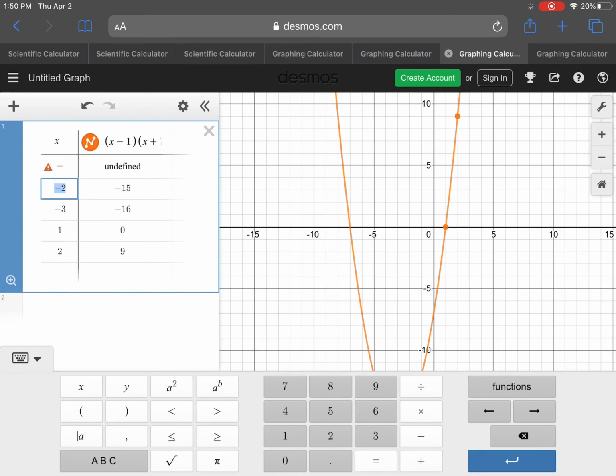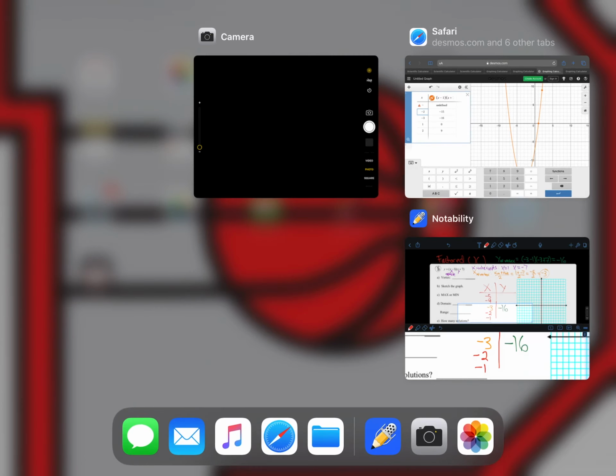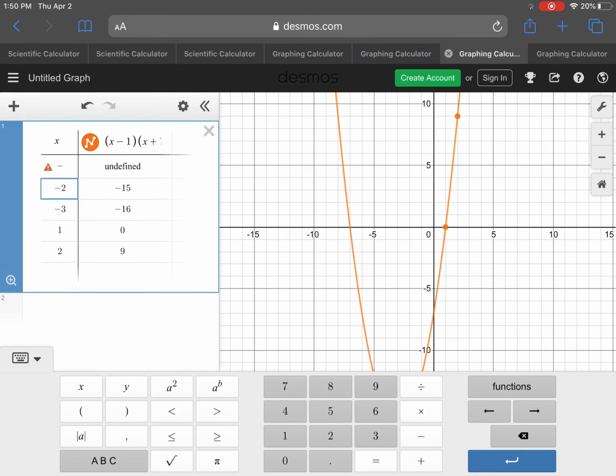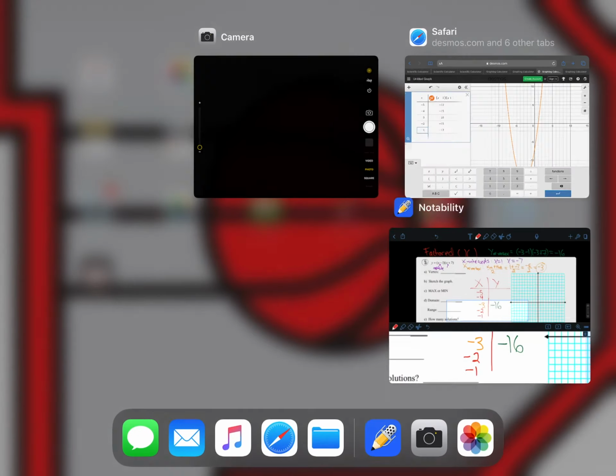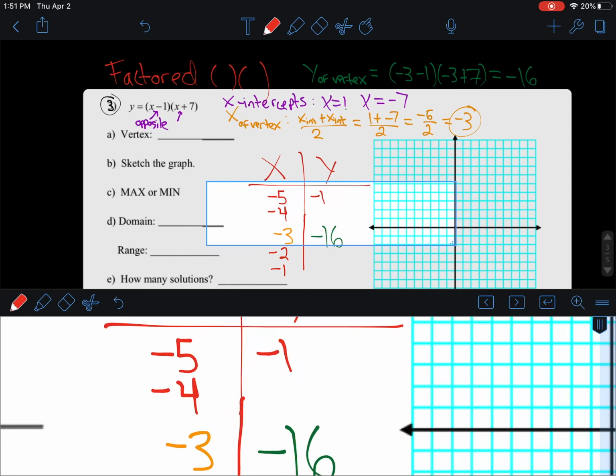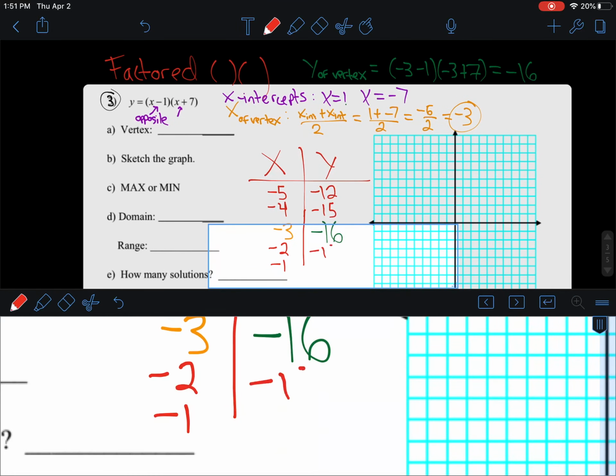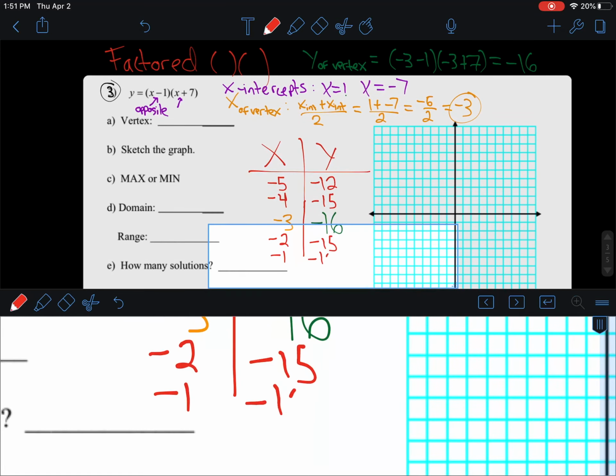Here we go: -4, -5, and then -2, and then -1. If you look there, I get my other points. So it's going to be -4, -15, -5, -12, -2, -15, and then -1, -12.